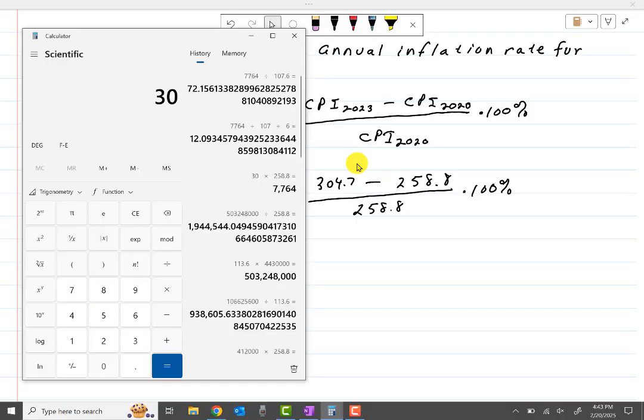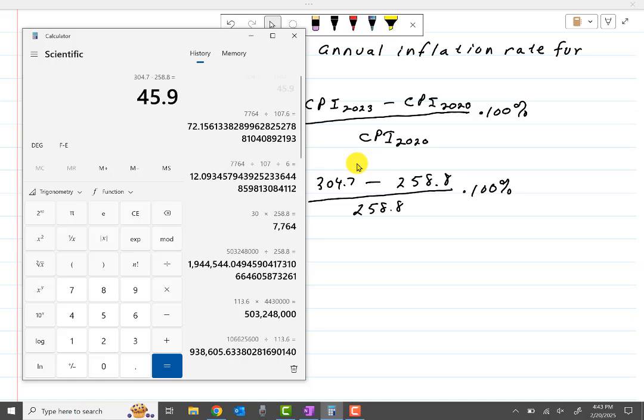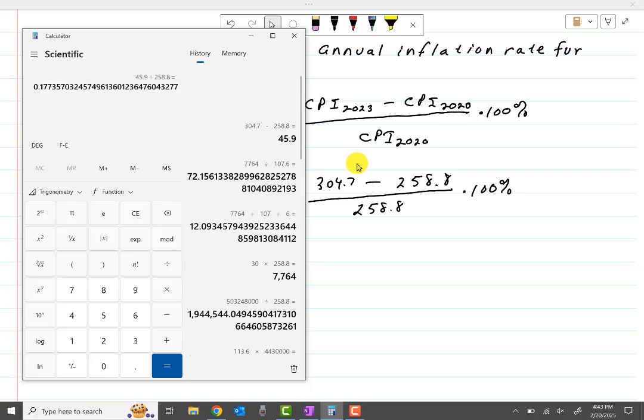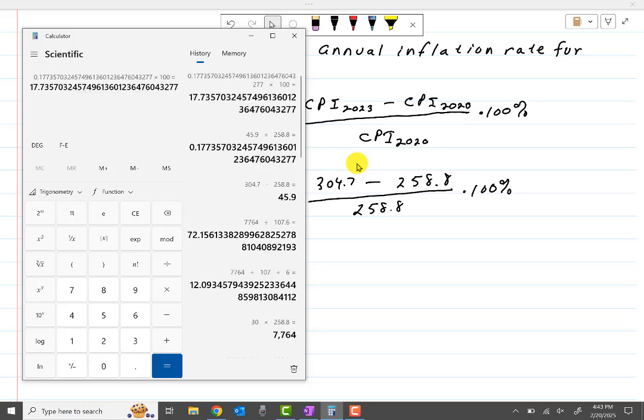So I have 304.7 minus 258.8 equals, divided by 258.8, and now I'm going to multiply by 100%. So we have about 17.7%.